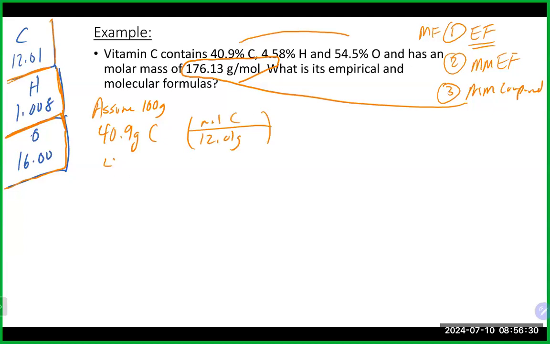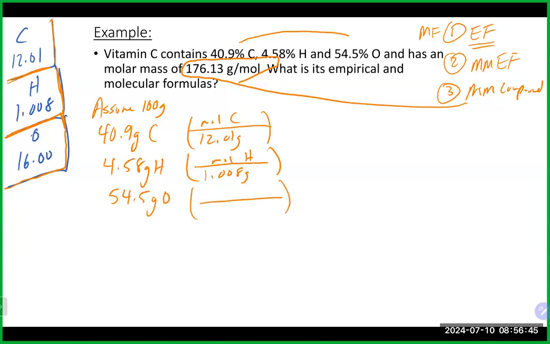That will give us 4.58 grams of hydrogen, which we want to divide by the molar mass of hydrogen. And that will give us 54.5 grams of oxygen, which we want to divide by the molar mass of oxygen in this case.